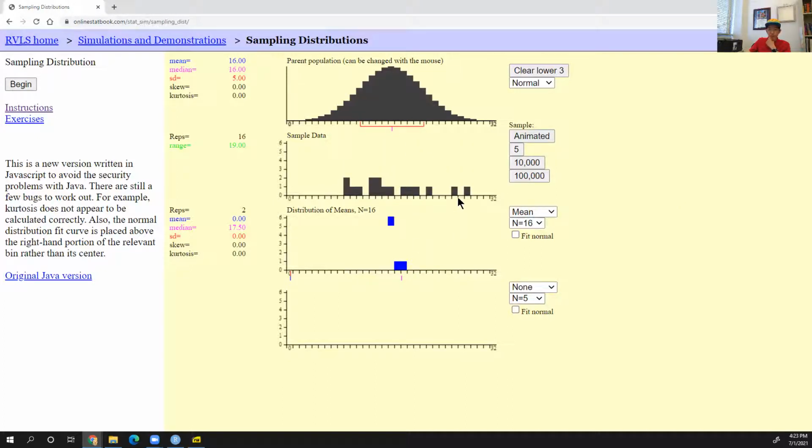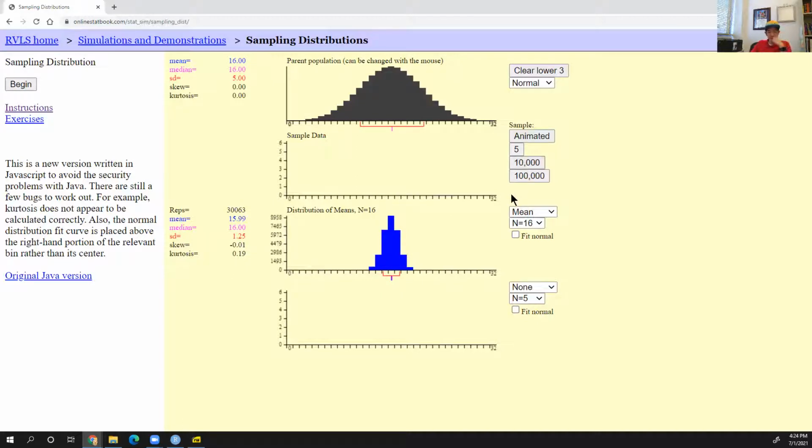Random sample of 16 values, it takes a lot. So I can do 5 at a time. What do you think the resulting distribution would look like if I go ahead and click this 10,000 button? Well, this is what it looks like.